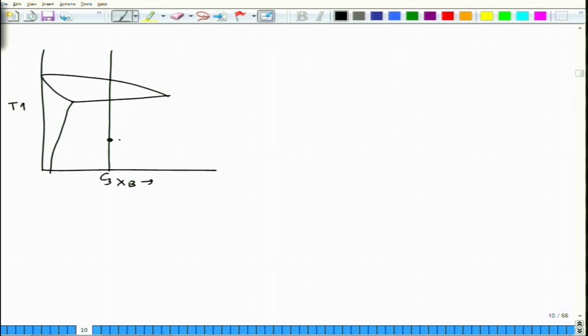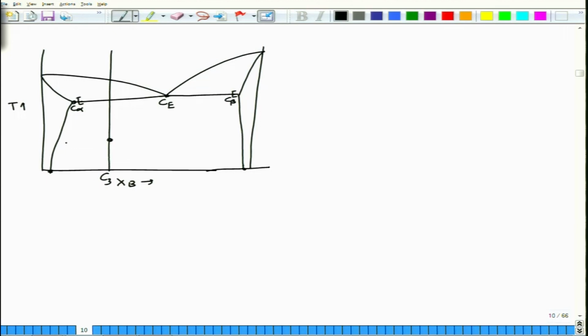When you draw the phase diagram completely, this is the composition CE, this is the composition C alpha, this is the composition C beta at eutectic temperature, and then you have C alpha, C beta.